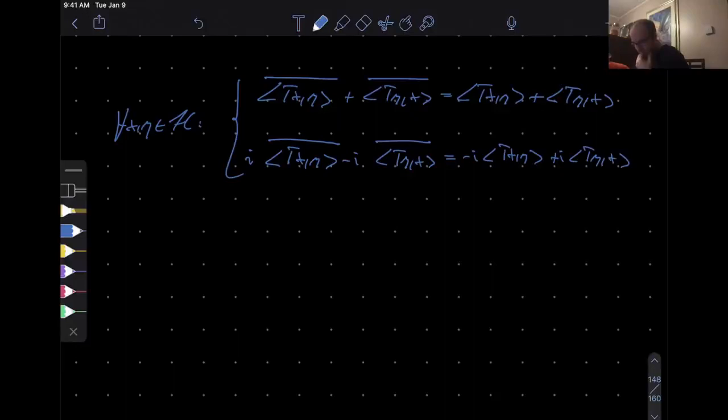What you can do, for instance, is multiply the first line by an imaginary unit and add it to the second line. If you do this, these two terms go out, and also these two go out, and the remaining ones add up. There will be a factor of 2i in front of each that you can divide out.